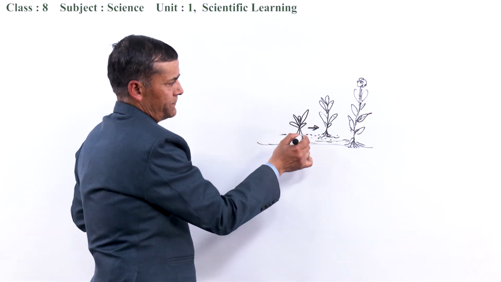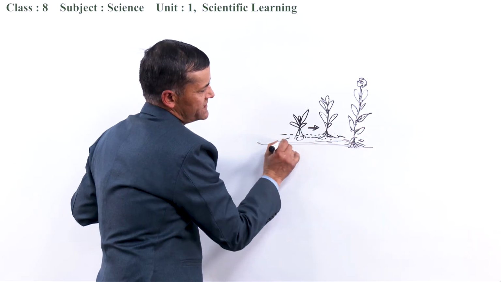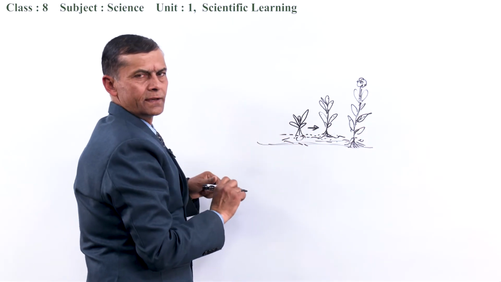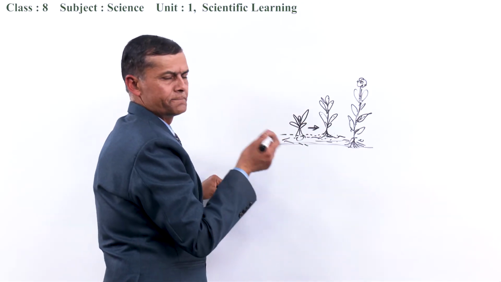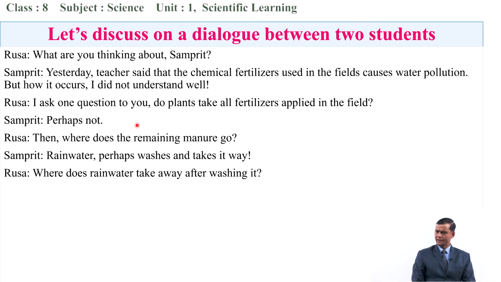But if excess fertilizer is applied in the field, then this fertilizer can cause pollution in the water, which Samprit was thinking about, how it occurs. Then to Rusha's question, Samprit says, perhaps not all the fertilizer used in the field can be absorbed by the plant.